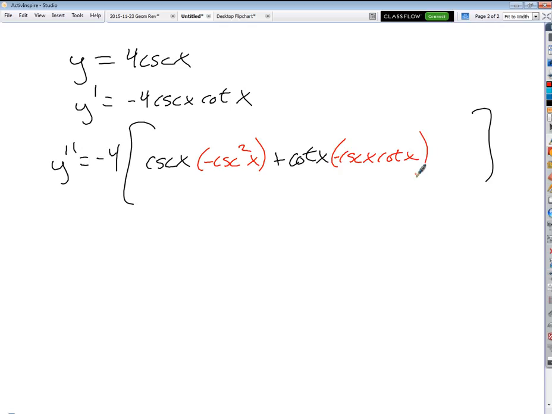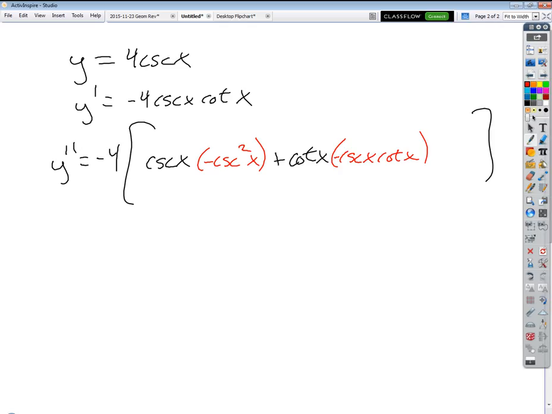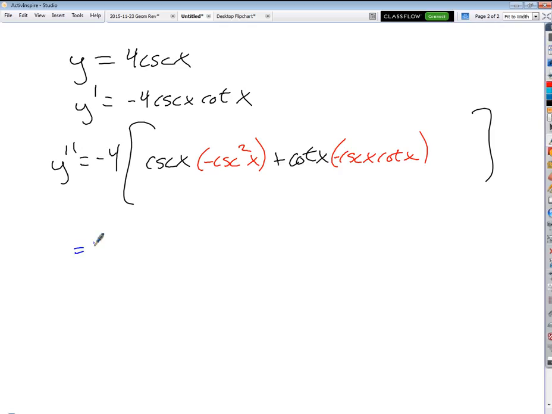And so now all we'd have to do is distribute the -4 back through, and we'd be done, right? We'd end up with -4 times negative, which gives positive, for cosecant cubed x, cosecant times cosecant squared, right? Negative times negative is positive for cosecant x cotangent squared x, right?